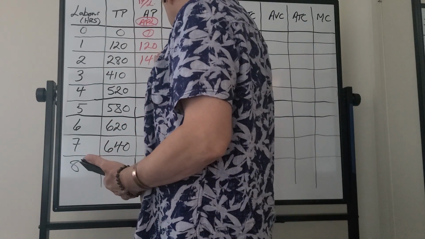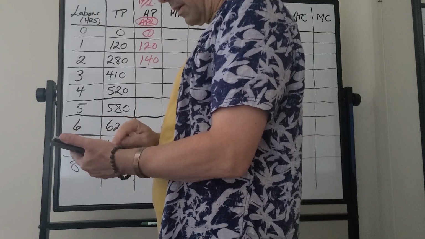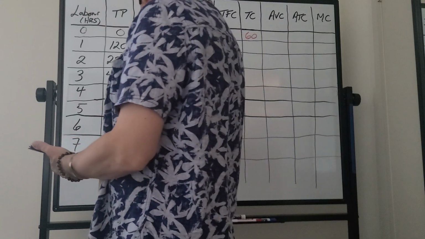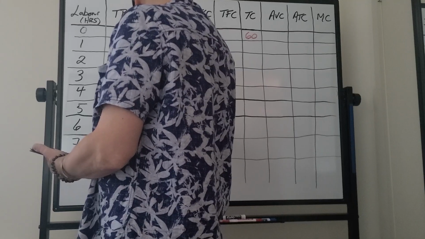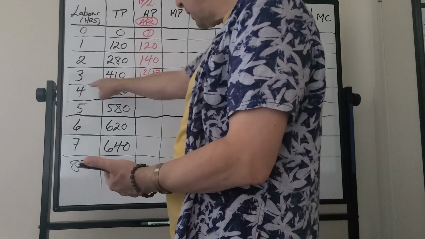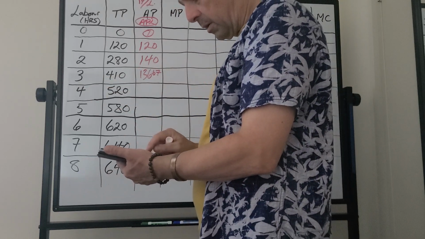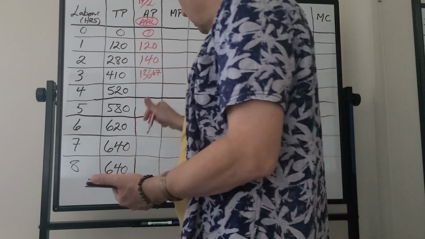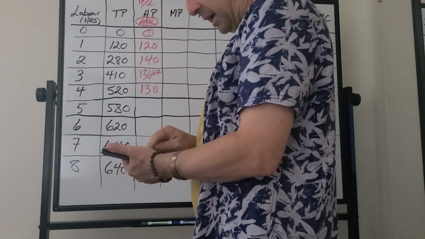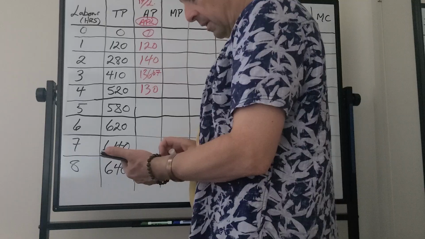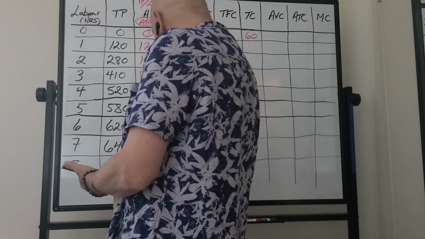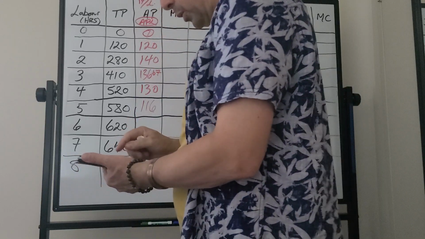140 here. 410 divided by 3 is going to be 136.67. 520 divided by 4 is 130. And then we've got 580 divided by 5, right? 580 units, 5 units of labor, on average 116 per unit.